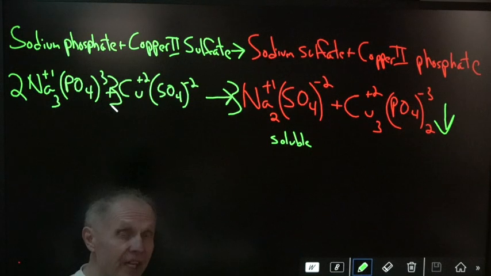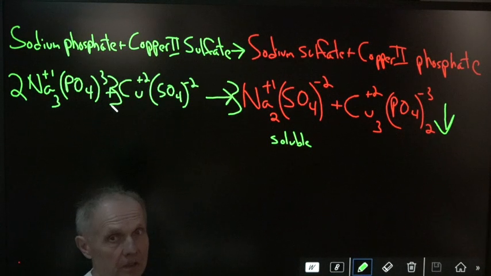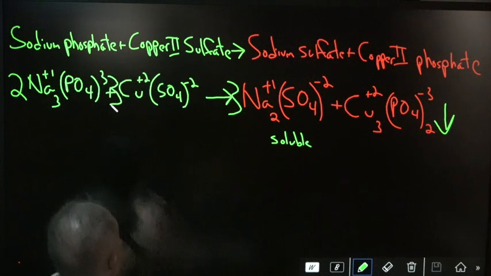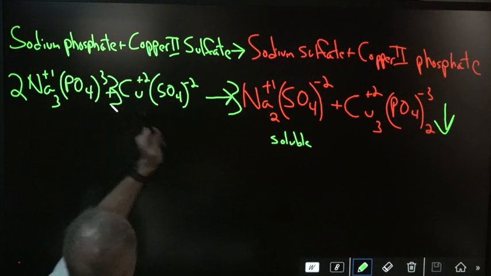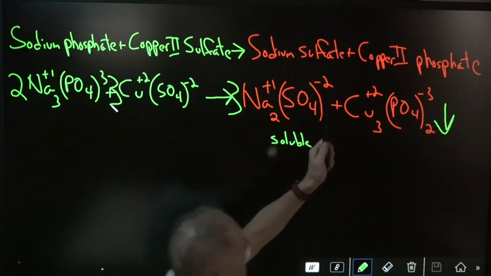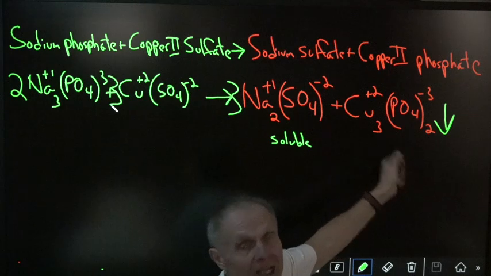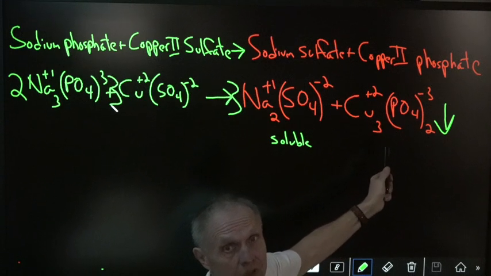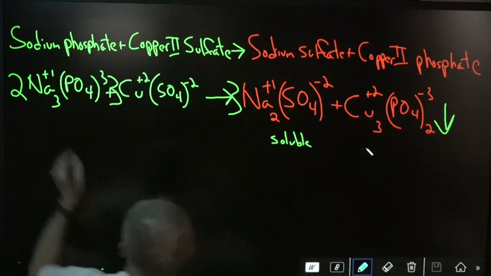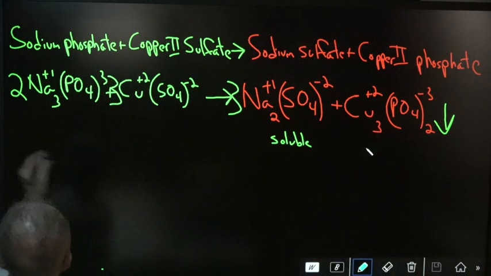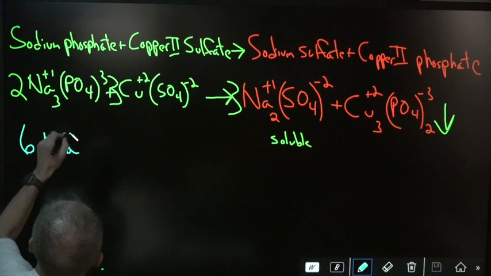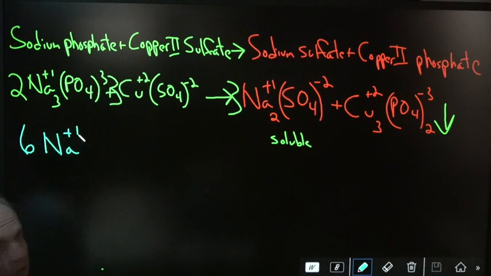Now, the next thing we haven't done. We have to break everything up that breaks up. So this is soluble, that'll break up. That's soluble, that'll break up. That's soluble, that'll break up. This is insoluble. It has to stay together. So watch what we do. This breaks up into 6 Na plus 1 ions. 2 times 3 is 6.